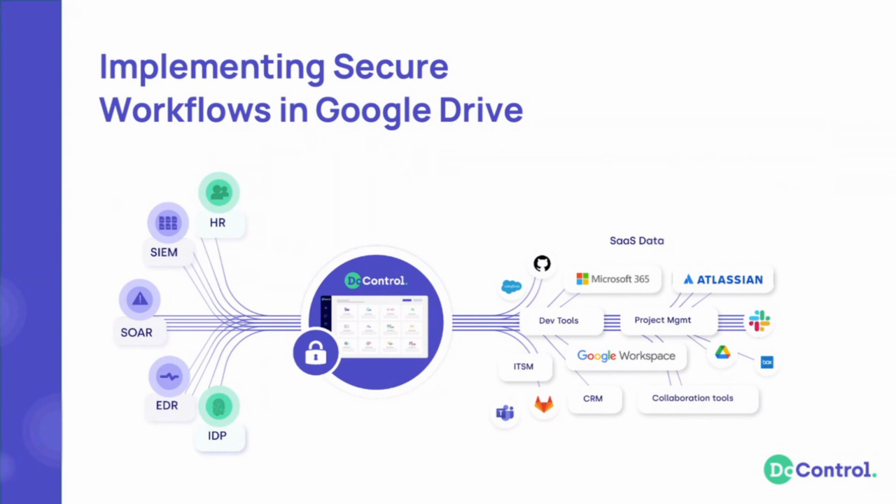How does it actually work? If you look on the right-hand side of the graphic here, the platform itself is completely event-driven. So every critical application that the DoControl solution is subscribed to will trigger events, right? There are hundreds of SaaS events that take place within a standard SaaS application environment. And when those events are triggered, we're able to enable our customers to create secure workflows.